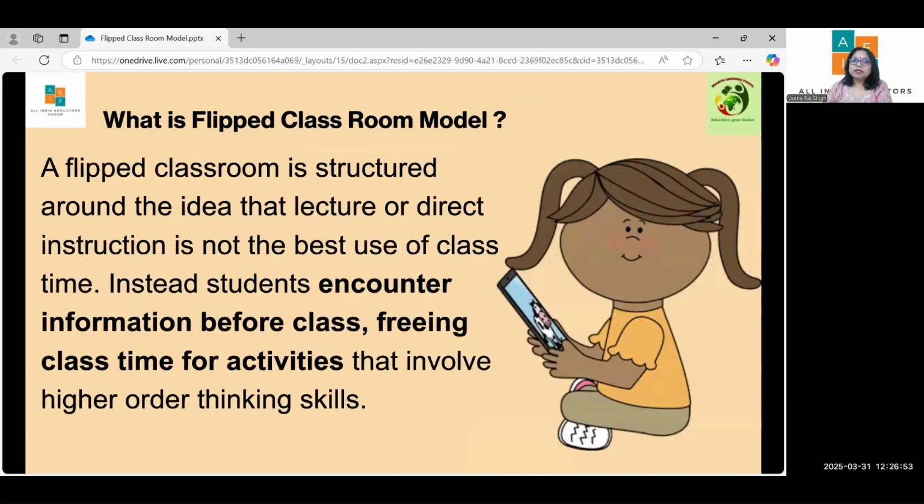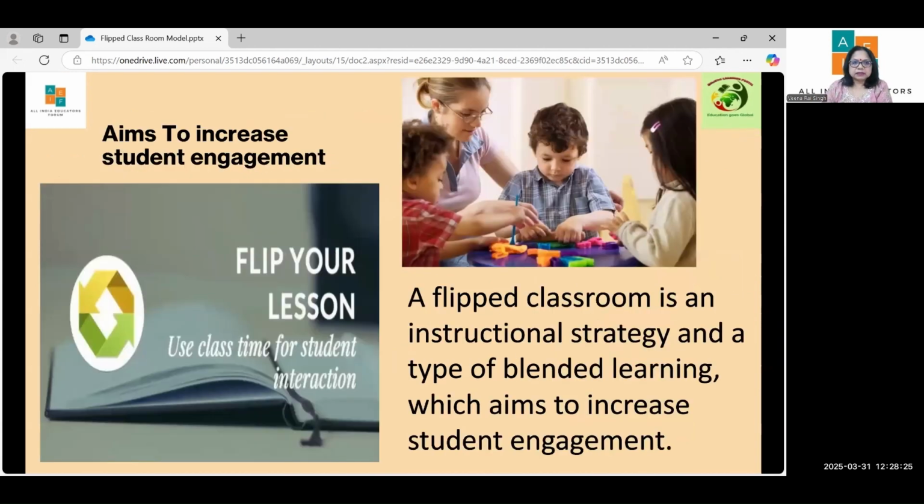But now let's talk about what happens in the flipped classroom model. In a flipped classroom model, students actually encounter the information before the period, and during the class time, a lot of activities are planned which involve higher order thinking skills.